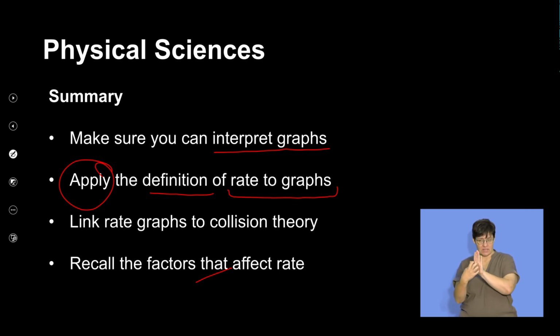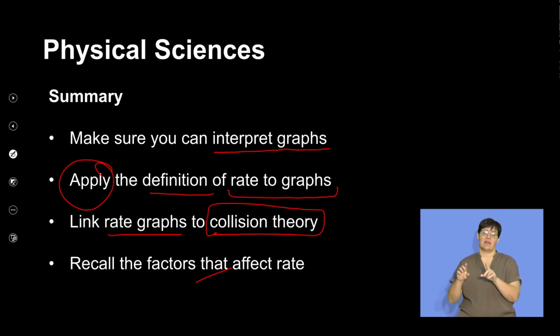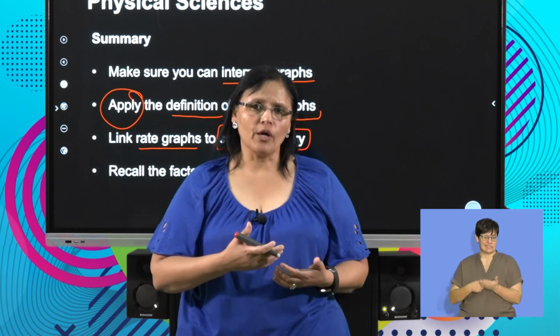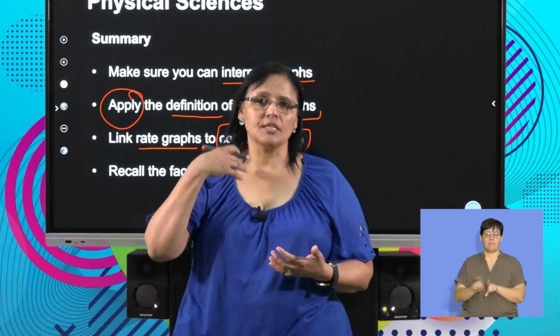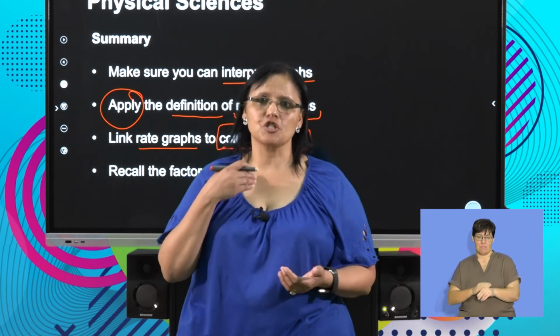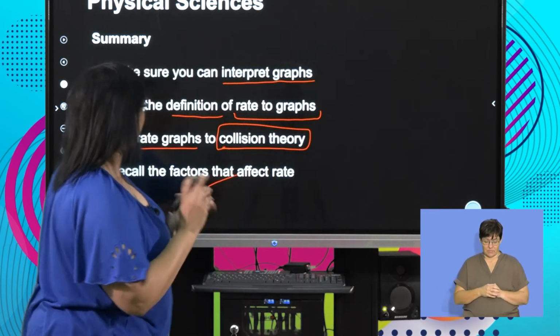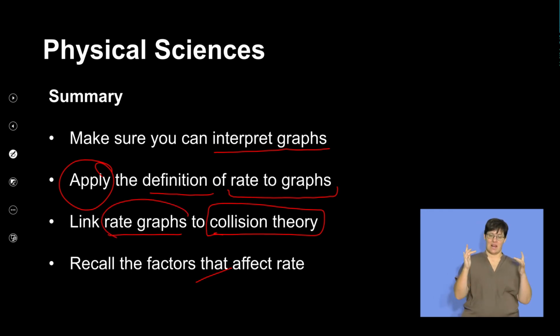And remember, you will also link that up to the collision theory. The graphs will be linked to the collision theory on a sub-micro level, and that is where you will talk about more effective collisions per unit time, faster rate of reaction. So you need to bring that back and link it to the graphs.